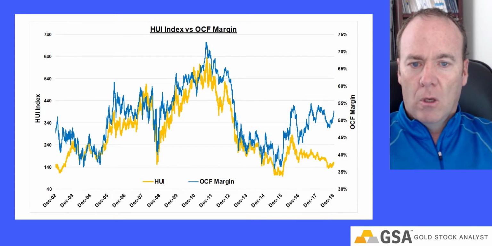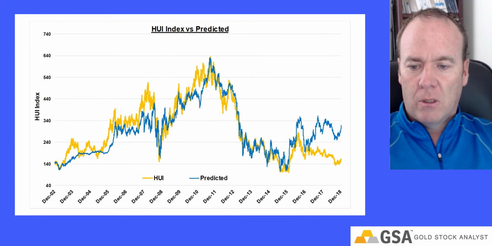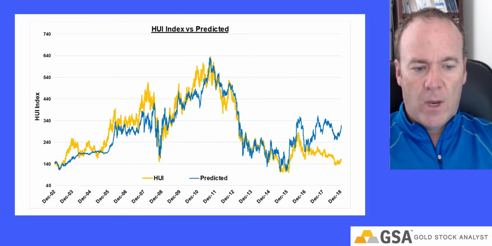Now, you can do a simple regression. You take a look at the HUI index versus the predicted value that a regression would give you, and you see the tight correlation. You see the HUI getting above fair valuation, and then falling back below. But it's really, really tight. And then it kind of breaks in 2015, 2016.